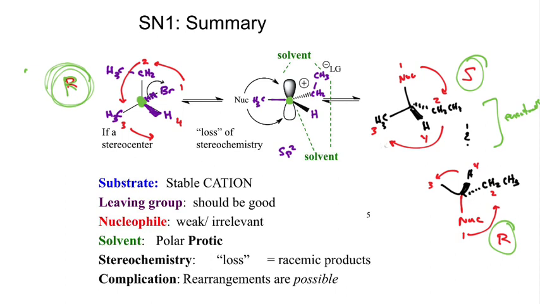When you get to a system where you have 50% S and 50% R, left and right hands, we can call that a racemic mixture, or racemic products, and that's what that language is referencing. So when we're talking about stereochemistry, that's what we're concerned about. Does chirality have an effect? Yes. How does that effect manifest in the SN1 system?